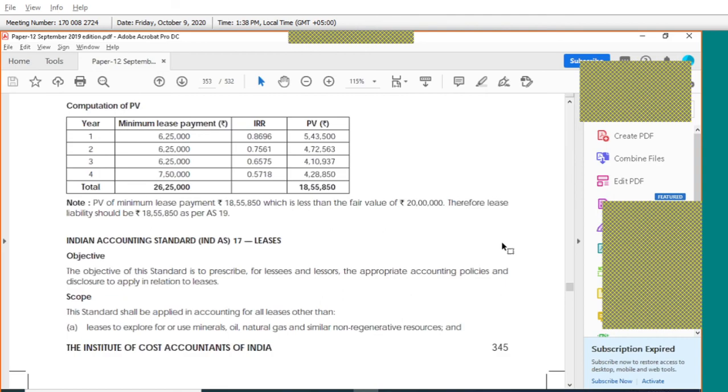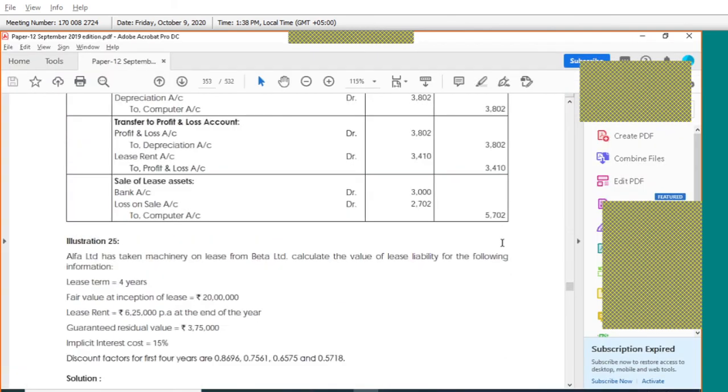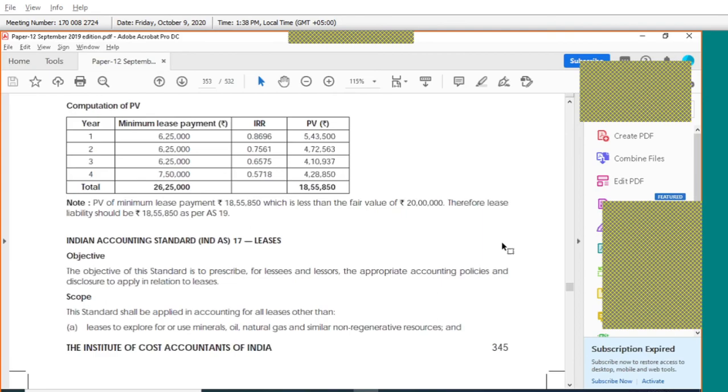For the fourth year it is 7,50,000, yes, 7,50,000. Why 7,50,000? Guaranteed residual value is how much? I think there is an error in the question. It is not 3,75,000.